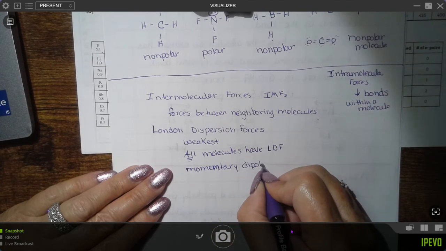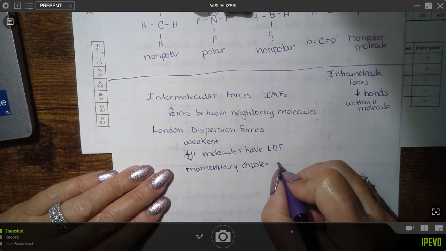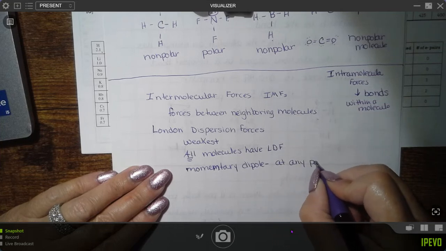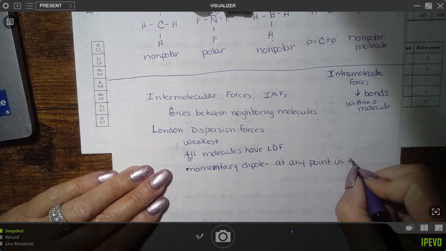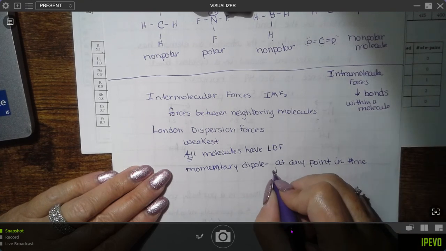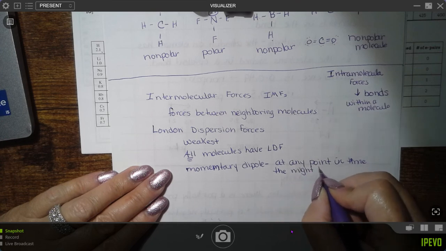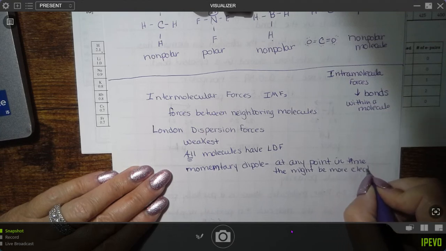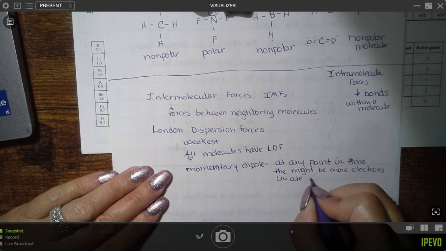Another way you might see it is an instantaneous dipole. All that means is that at any point in time, because the electrons are always moving, there might be more electrons in one area of the molecule.